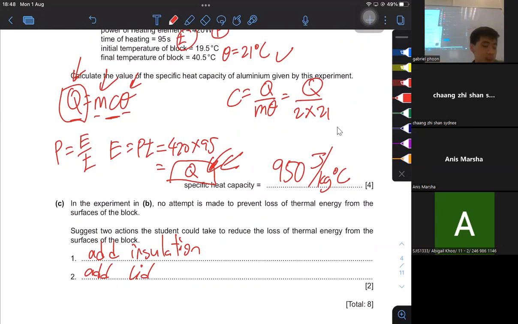Come on, if they ask for all this heat. Insulation around the aluminum cylinder, and the second one is put an insulating lid onto the aluminum cylinder. Insulation is around, then the lid is on top.